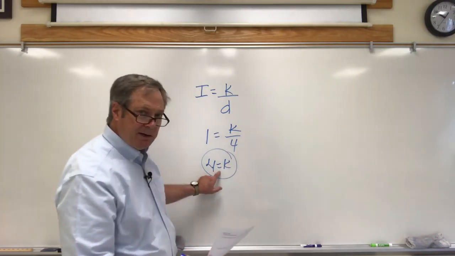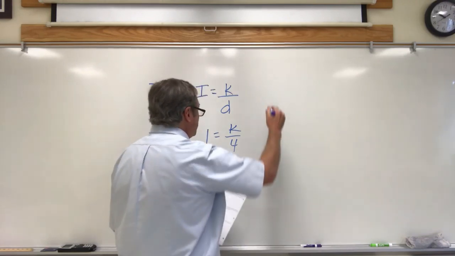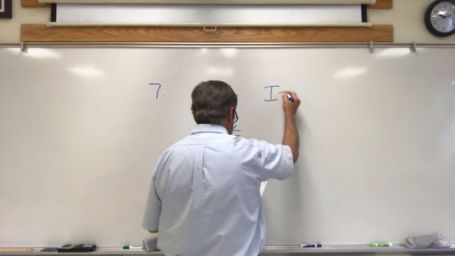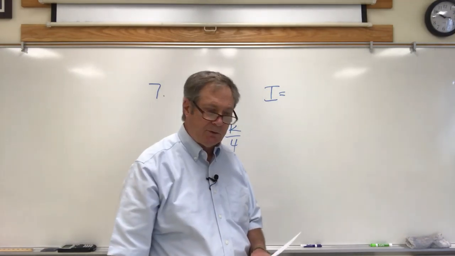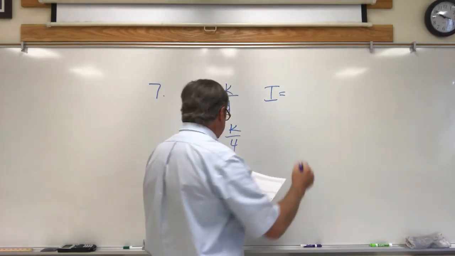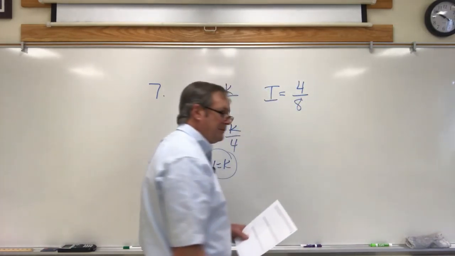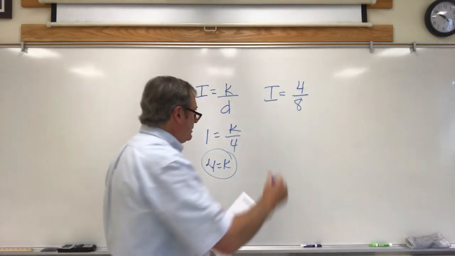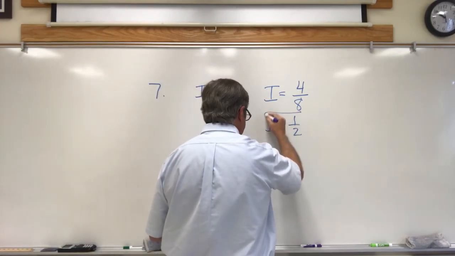So here we have our constant. What will the sound intensity be, I, when the distance is 8 feet? So it's going to be 4 divided by 8, or in other words, 1/2.